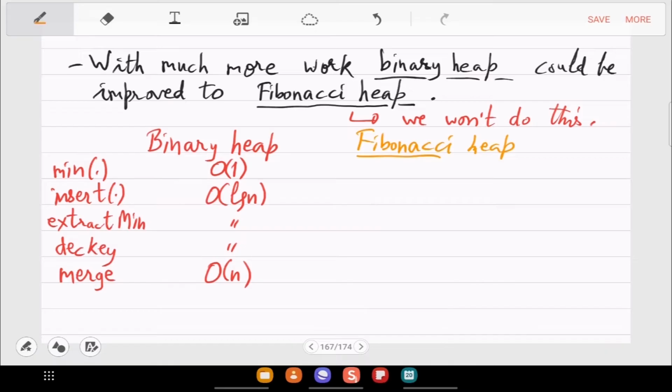Now this picture is very different in the case of Fibonacci heap. Min is constant, insertion is also constant time, decrease key is also constant time, and merge is also constant time. Okay, so 4 out of 5 operations will be constant time. Can extract min also be in constant time?